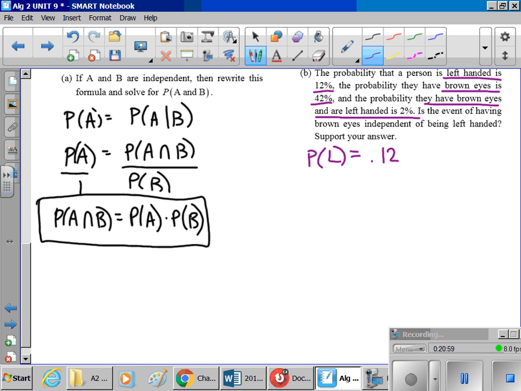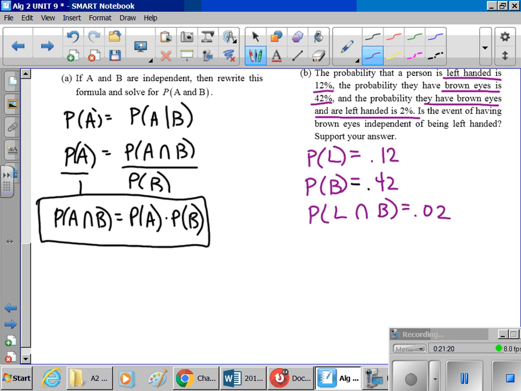We're in math, people. We talk numbers, we don't talk percents. The probability of left-handed is 0.12, the probability of brown eyes is 0.42, and the probability of left-handed and brown eyes is 0.02.